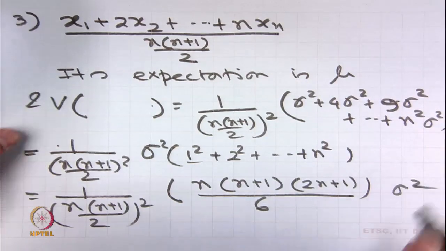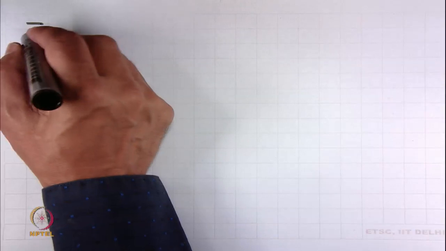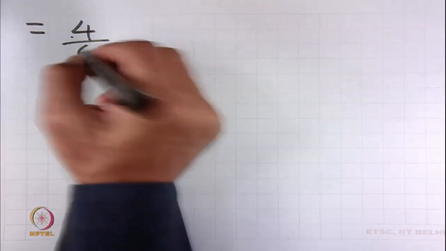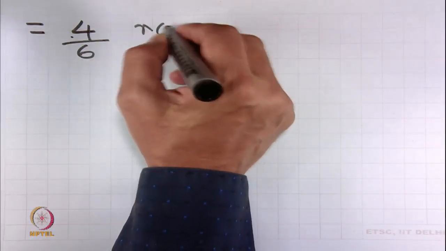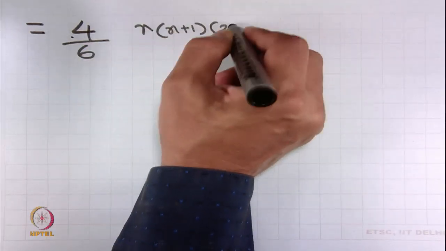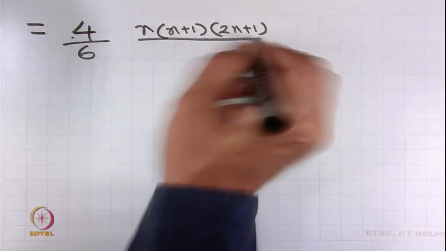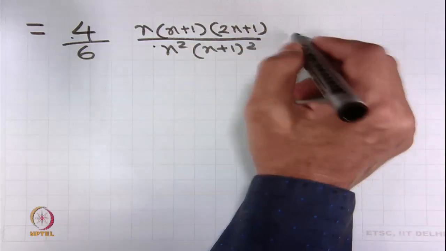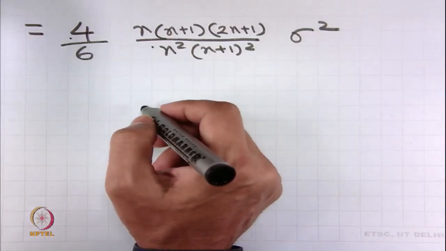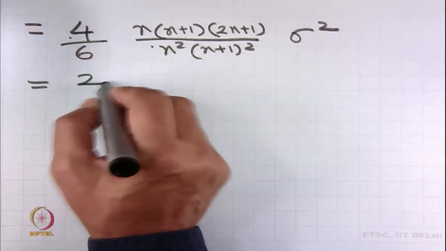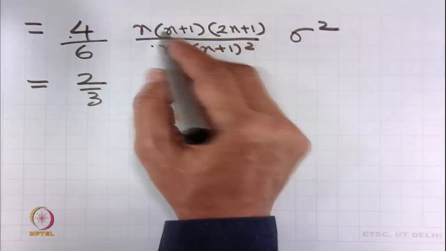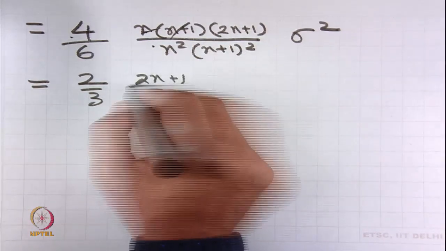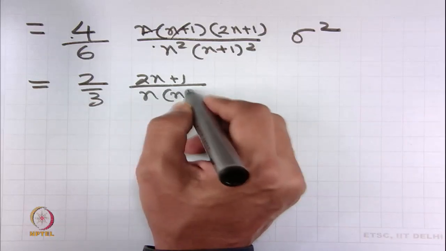Multiplied by sigma square, this is equal to 4 by 6 n into n plus 1 into 2n plus 1 divided by n square into n plus 1 square, sigma square, which is equal to 2 by 3 into, one of them cancels, 2n plus 1 upon n into n plus 1.